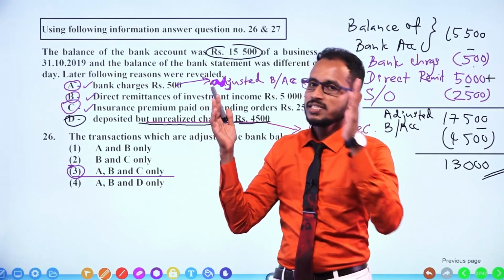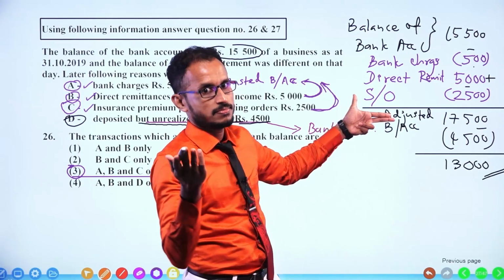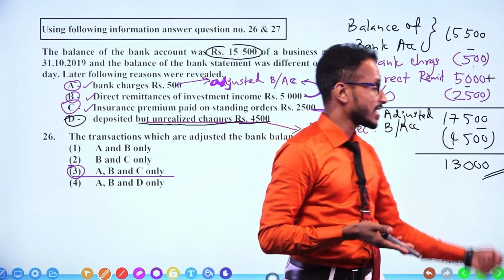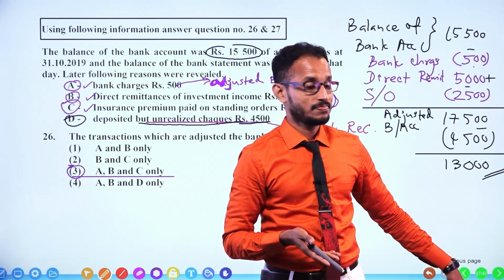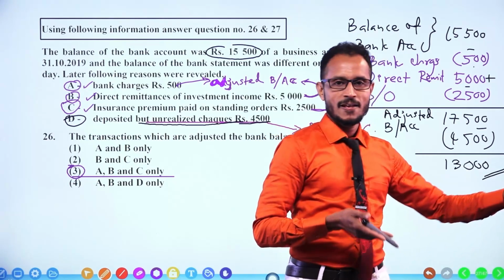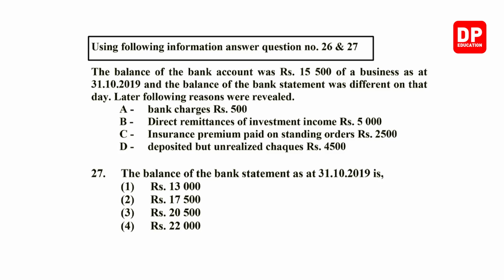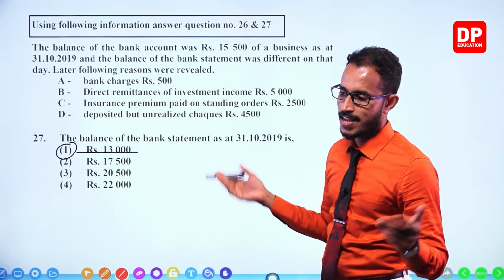Got it? So this calculation was done for the next question, right? Yeah, this calculation was done for the next question. Next. This one. Balance of the bank statement. 13,000. Here it is. Done.